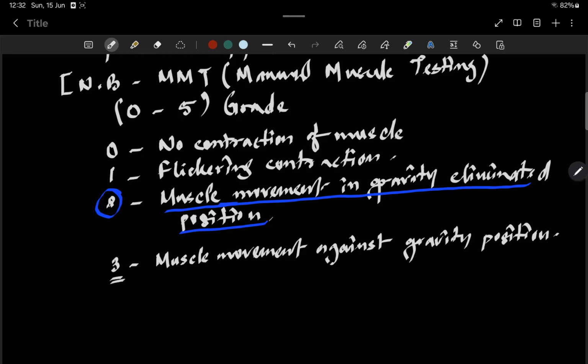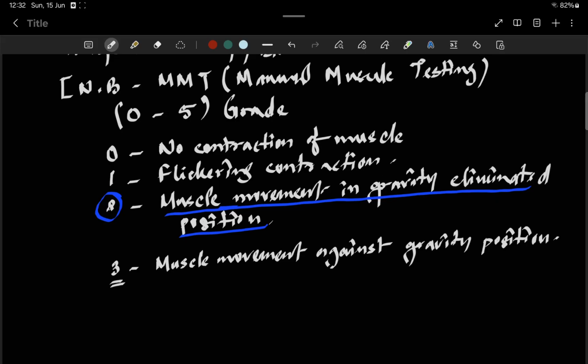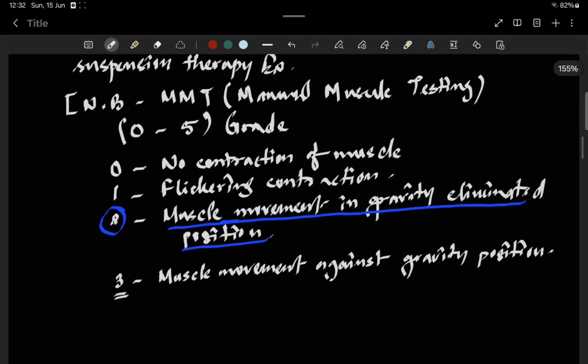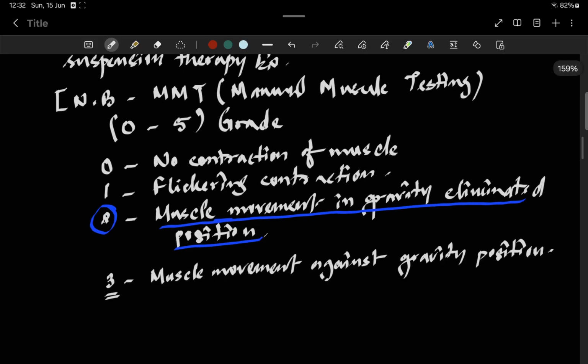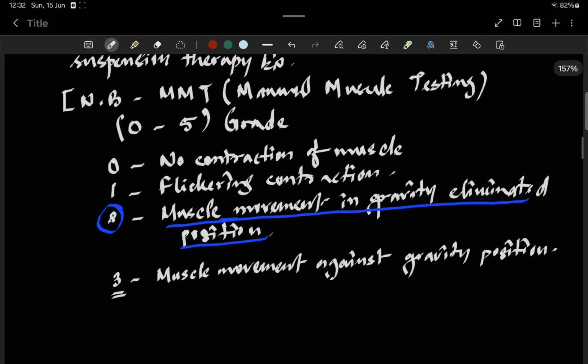Against gravity position will be grade 3. I will read MMT, manual muscle testing, in another chapter.